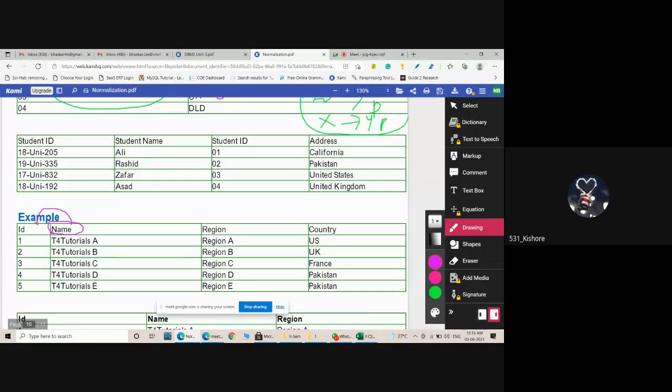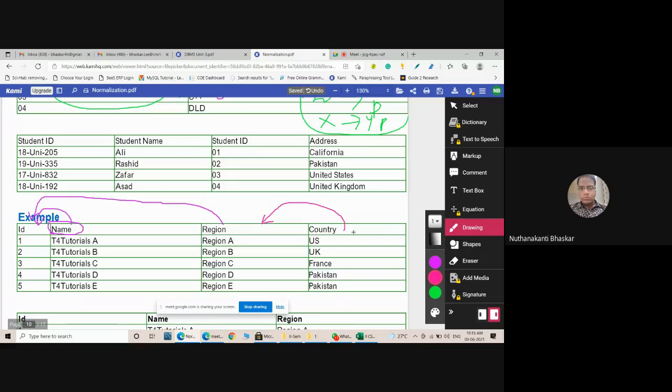Region also depends on ID. Country also depends on region. So we have ID determines name, region, and region determines country.